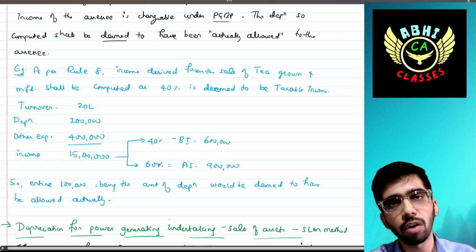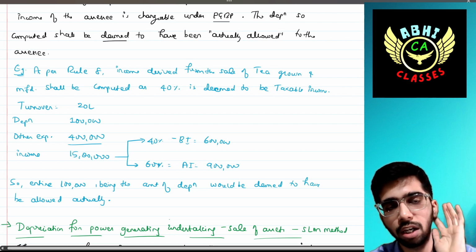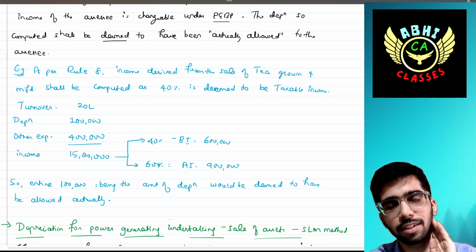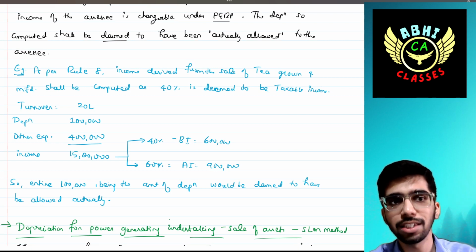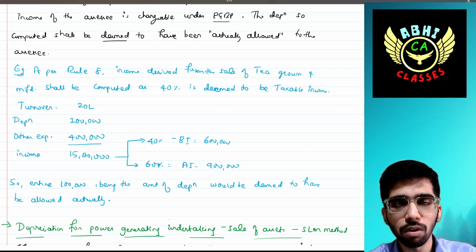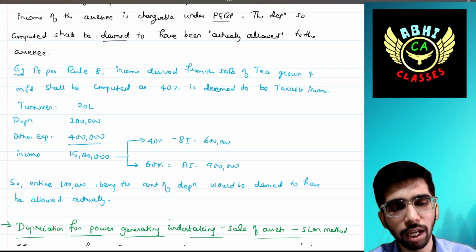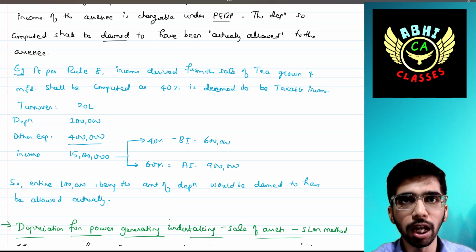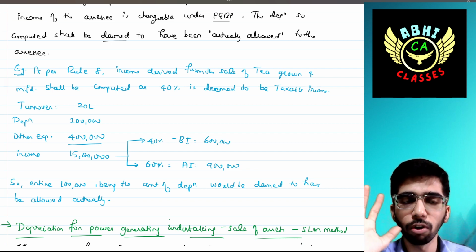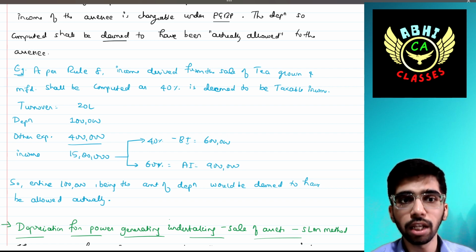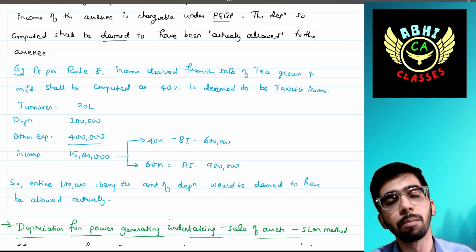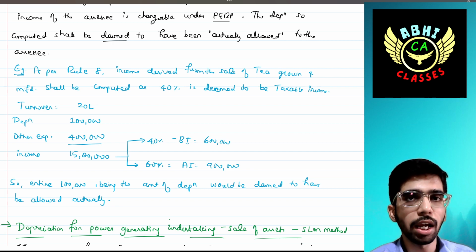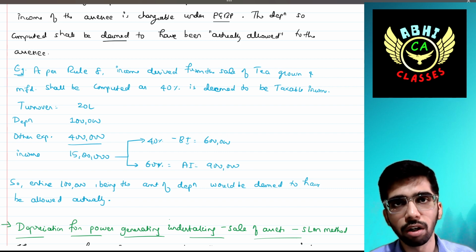Let's assume the turnover of that tea business is 20 lakh. Depreciation is 1 lakh entirely. Actual other expenses would amount to 4 lakh. Then net income would be 15 lakh, of which only 40% would be treated as business income, that is 6 lakh. The remaining 9 lakh would be agriculture income.